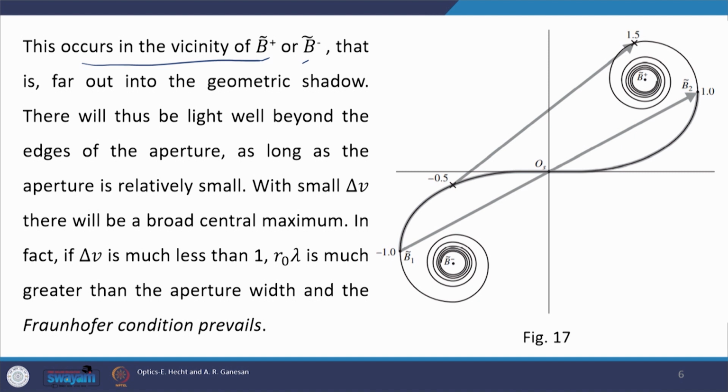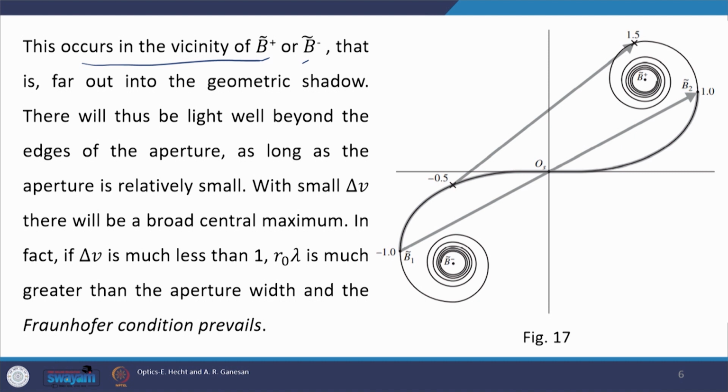The decrement of the irradiance for a thin slit, because the arc length or the chord length is very small, and therefore, any reduction in the irradiance would be seen only if we are in the vicinity of B plus tilde or B minus tilde, or if the spirals are very tight and very small, if the radius of curvature is very small, then only we see a slight reduction in the irradiance.